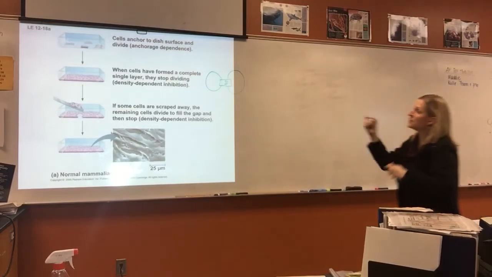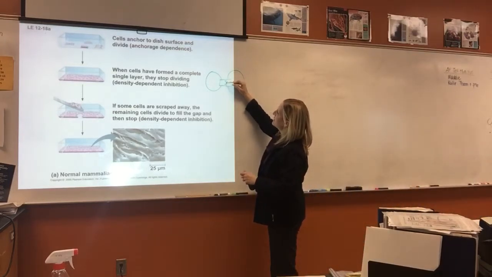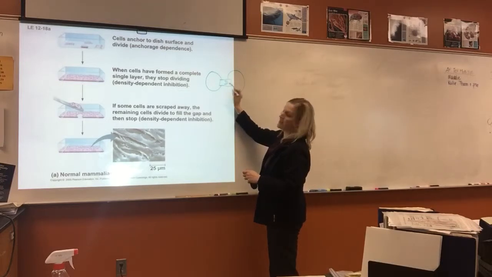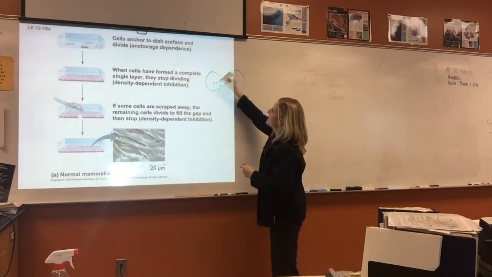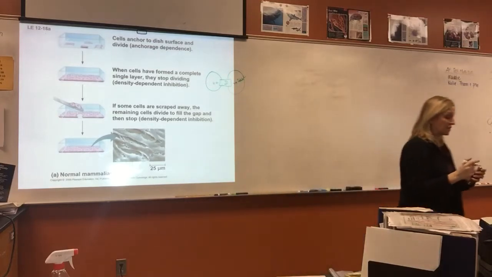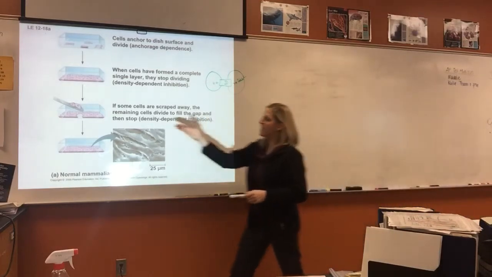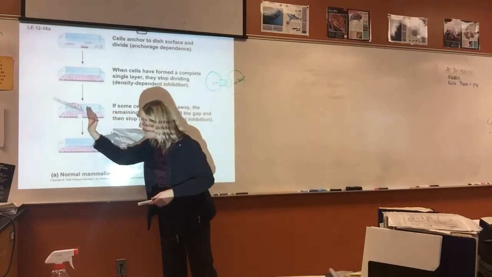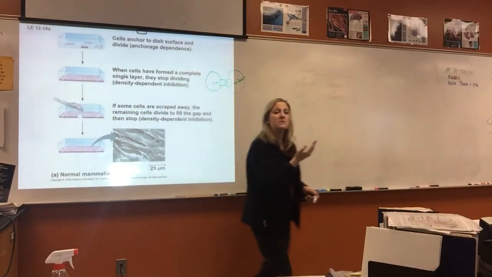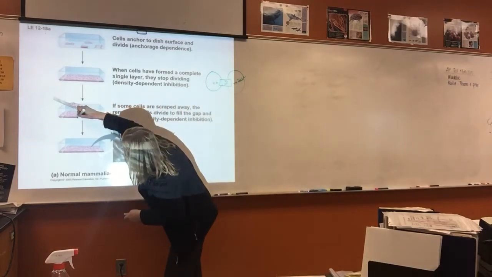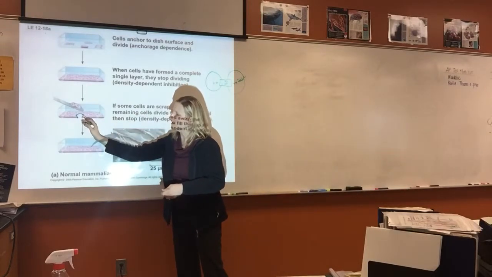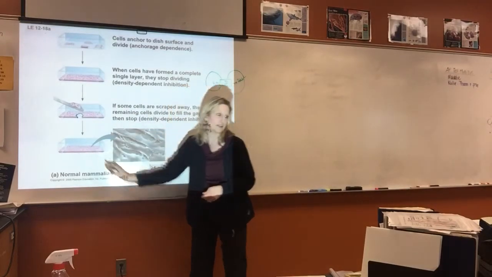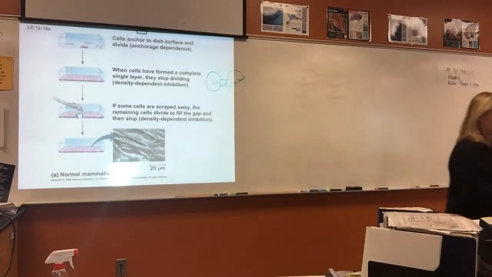When they bond together, it's like binding to a ligand, and it can trigger a signal transduction pathway that leads to making molecules that will inhibit cell division. So they stop cell division. In experiments where they've scraped out or given the cells room, the cells surrounding that space do not have this going on, and they will start to divide and take up that space until there's no more space, and then they stop dividing.